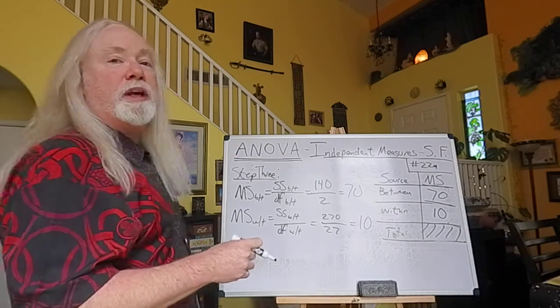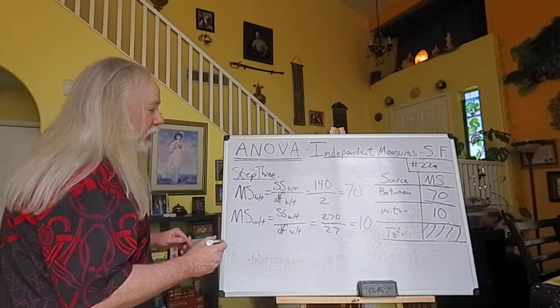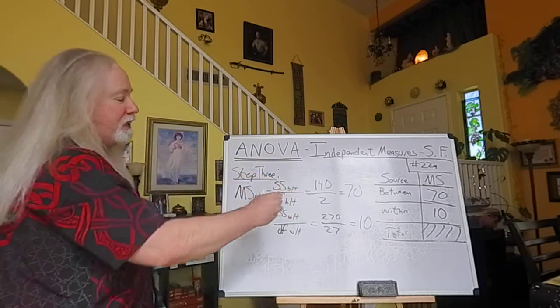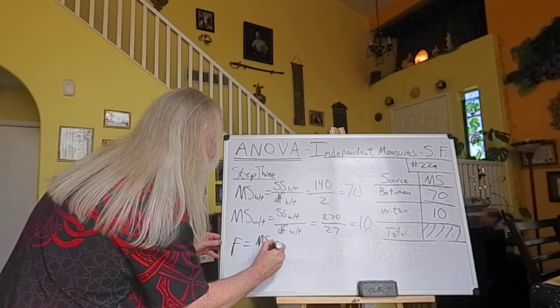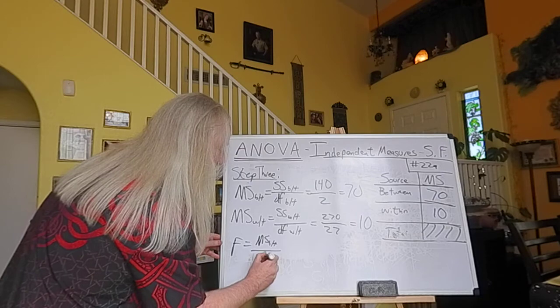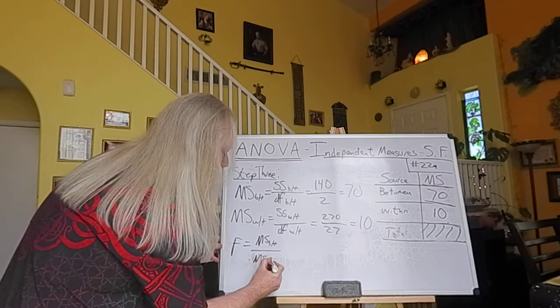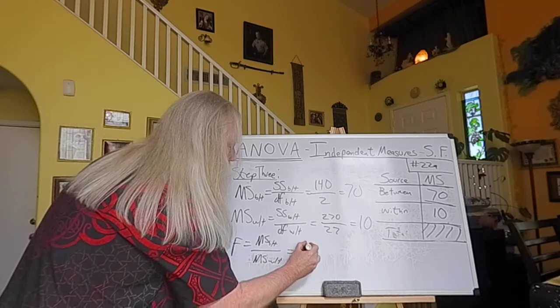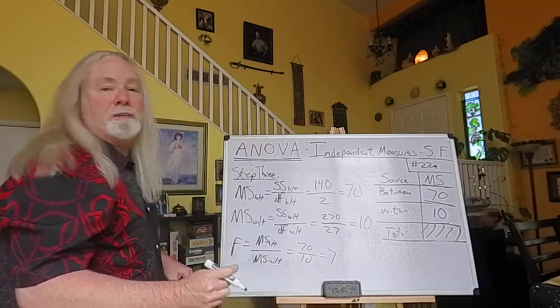So that just leaves us our F ratio. Our F is your mean squares between treatments divided by mean squares within treatments, 70 over 10 equals 7.